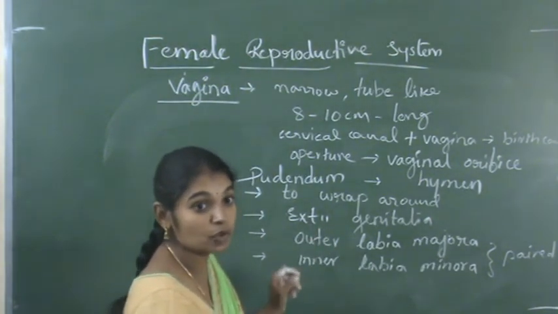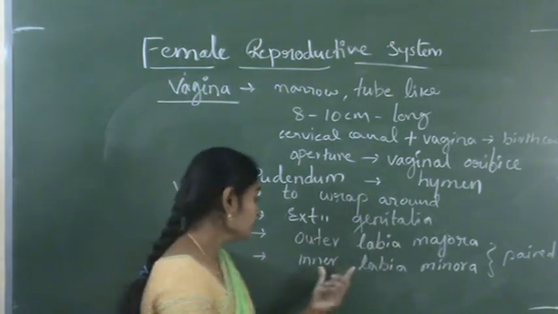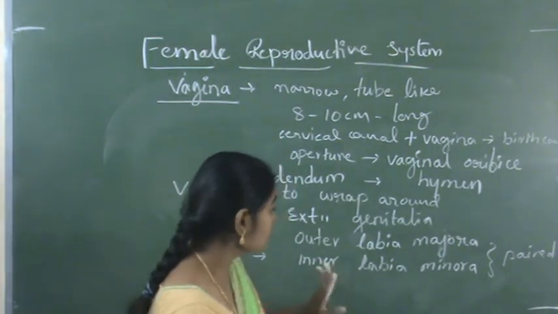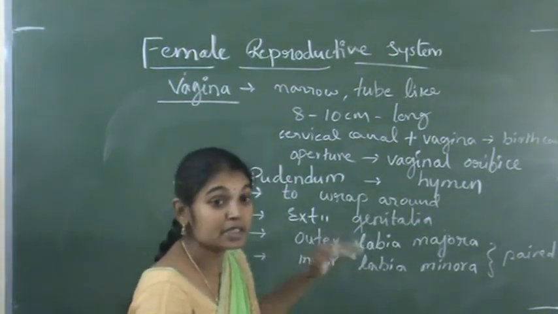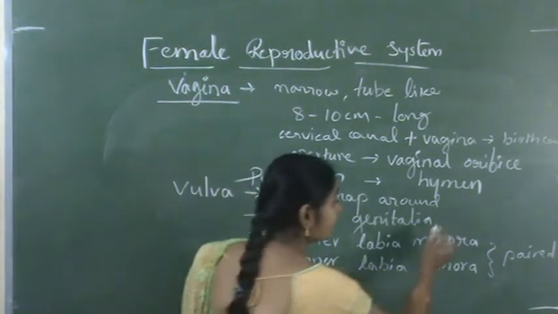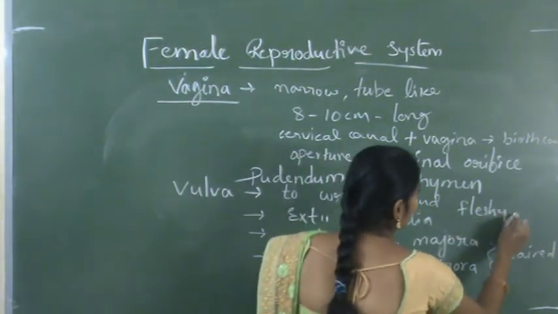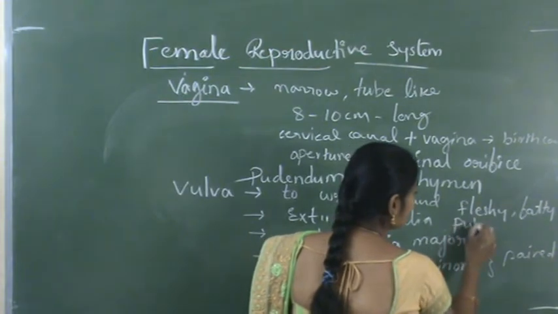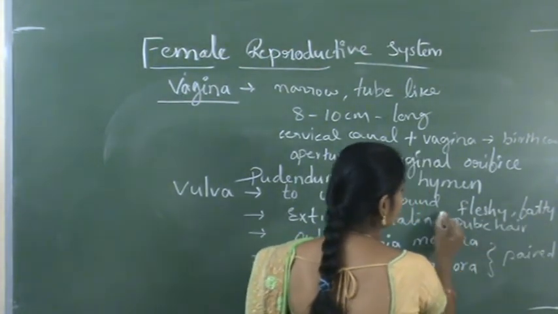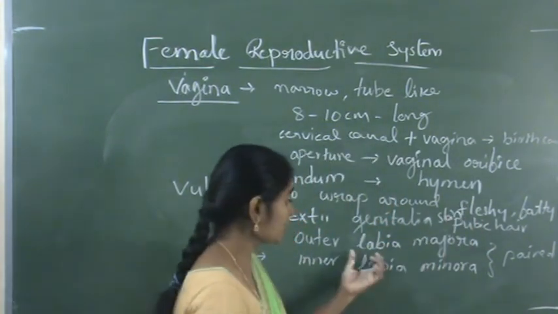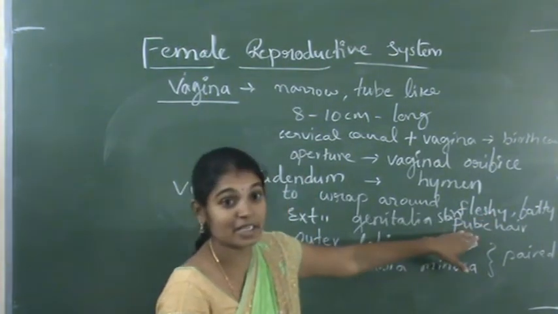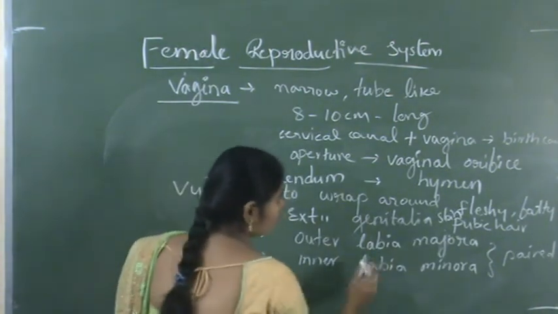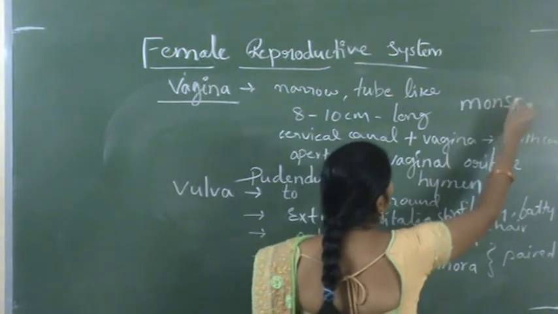The outer labia majora and inner labia minora are covered by fleshy, fatty skin along with pubic hair, which is known as the mons pubis.